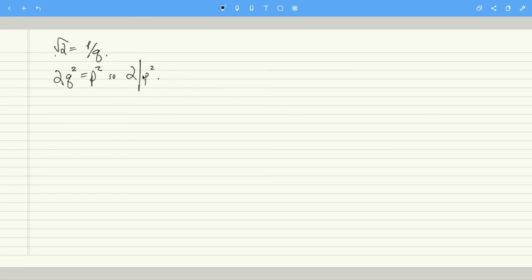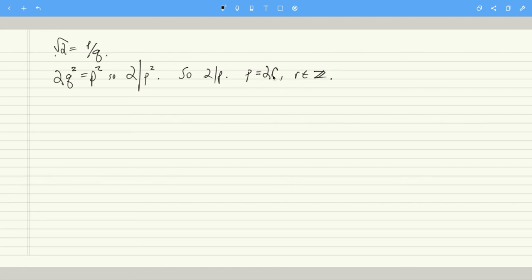But if p squared is even, p has to be even. So 2 divides p, in other words, you can write p equals 2r, and r is just another integer.